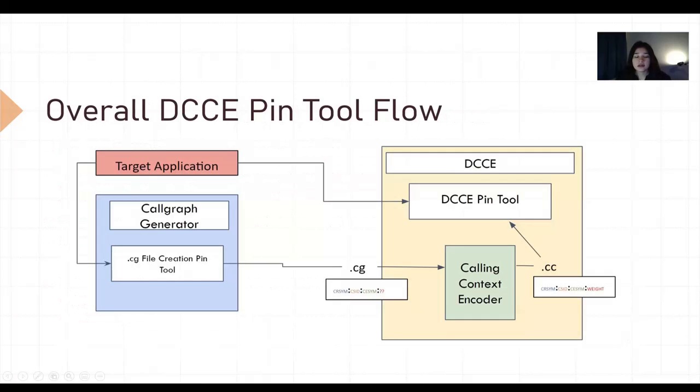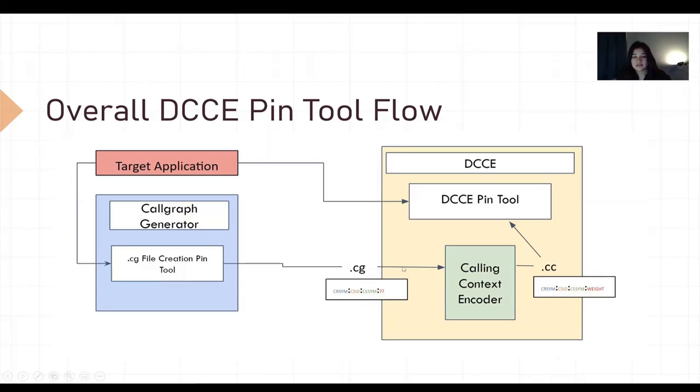This is the overall DCCE pin tool flow, and it gives you a visual of everything that I've been talking about so far. Our target application will be inputted into the DCCE pin tool after it has gone through the call graph generator and generated the .cg file, which contains caller, callee, and call site information. Once that's complete, we enter the DCCE space.